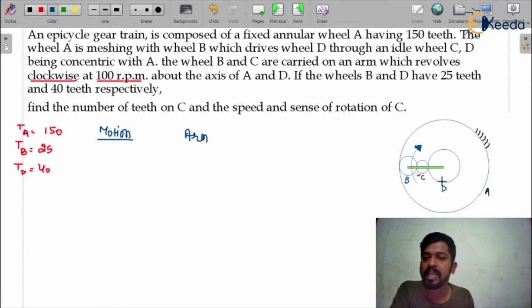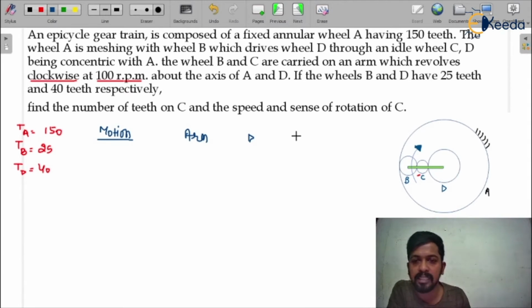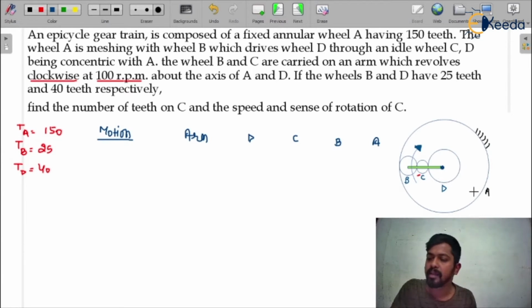So here you can see there is a gear D, so I'm writing D here, then we will start with D and then go to C, B, and then A. We will start with D because this is the gear which has the same center as the center of gear A.